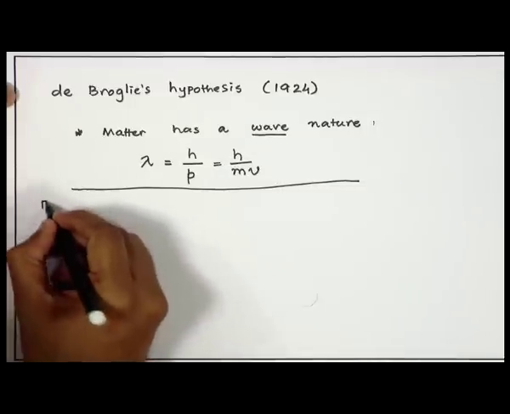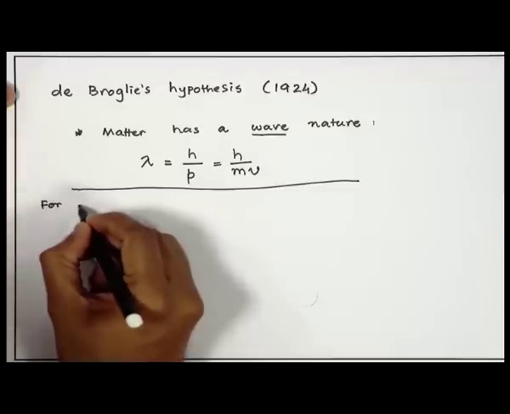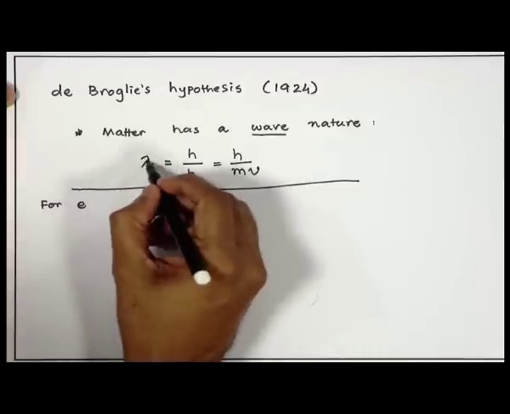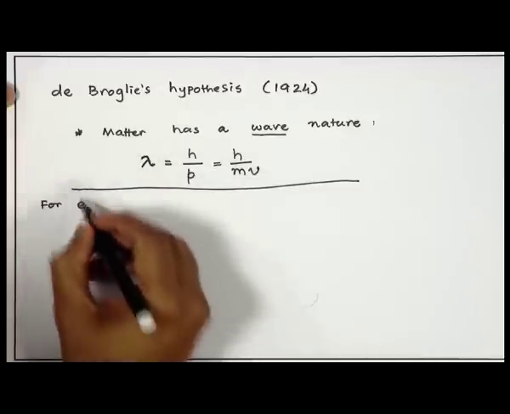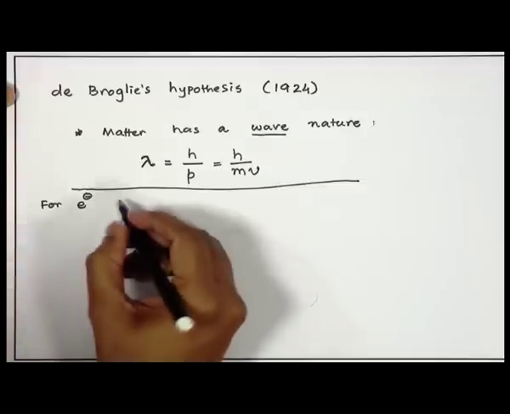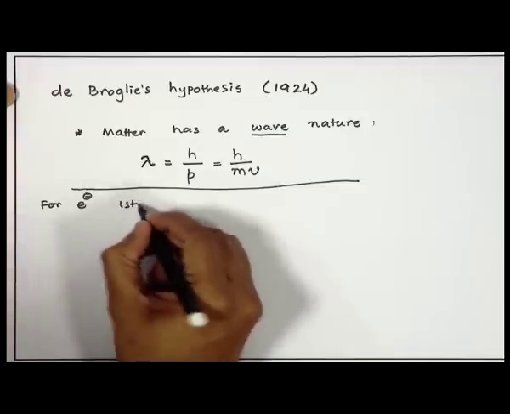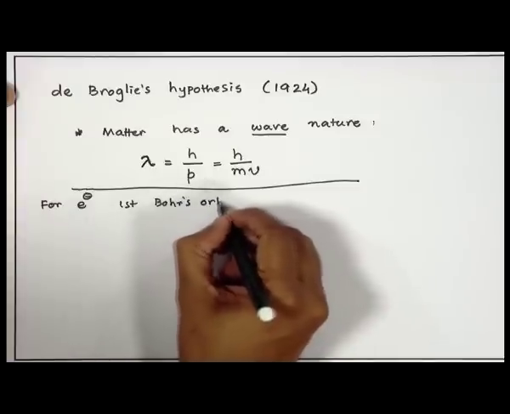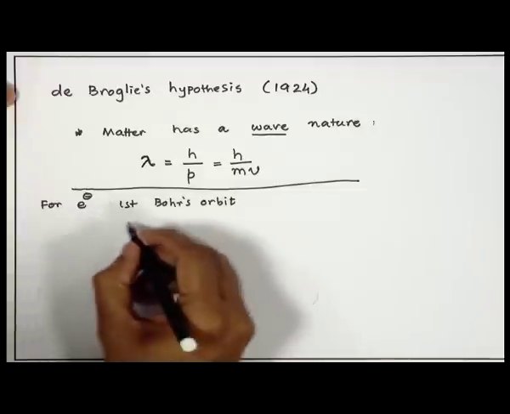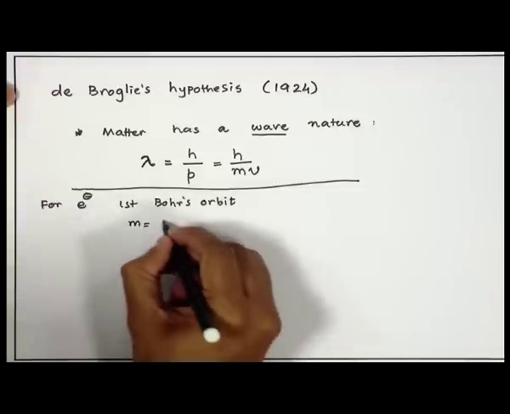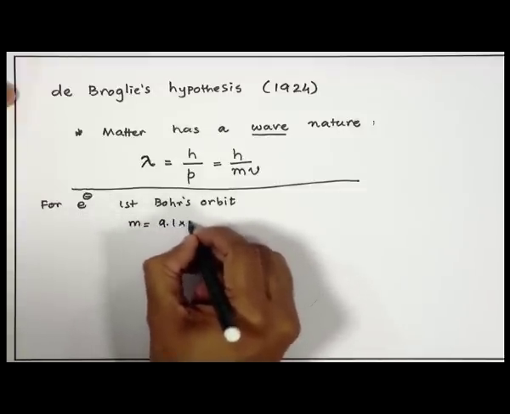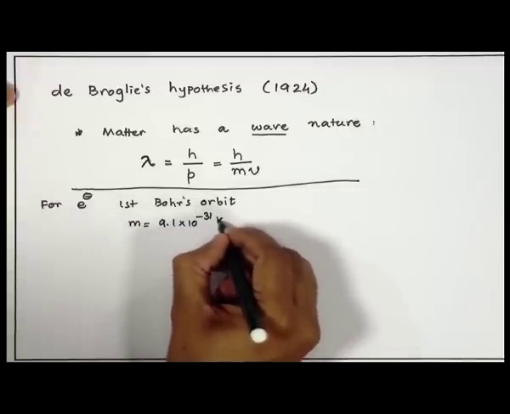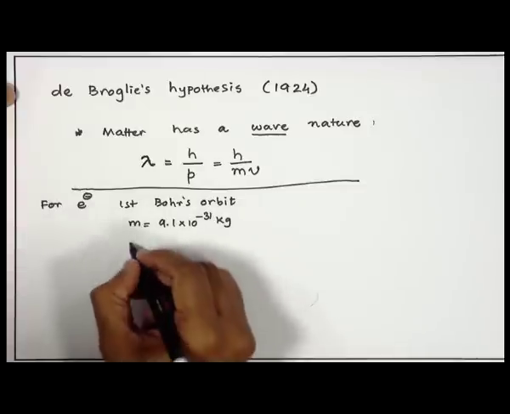Let us try to find out the wavelength of an electron which is in the first Bohr's orbit. What do we need to know for that? We need to know the mass of the electron, which is 9.1 into 10 to the power minus 31 kilogram, which is already known.